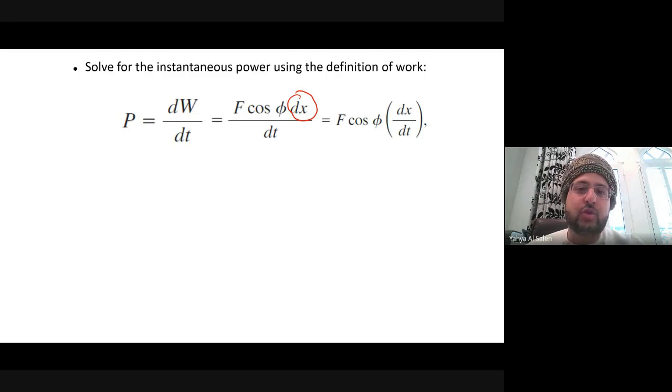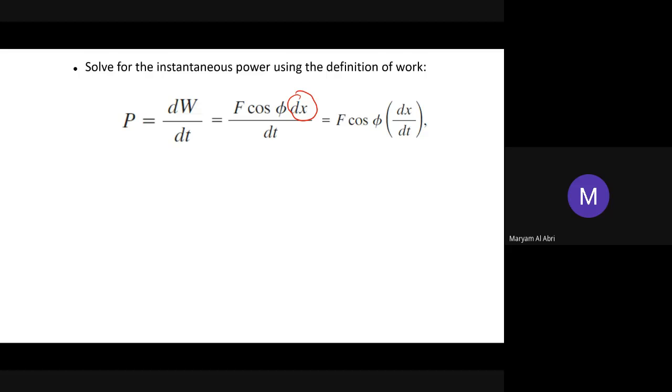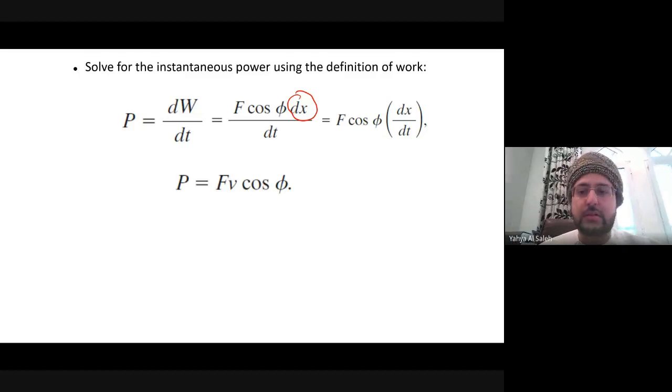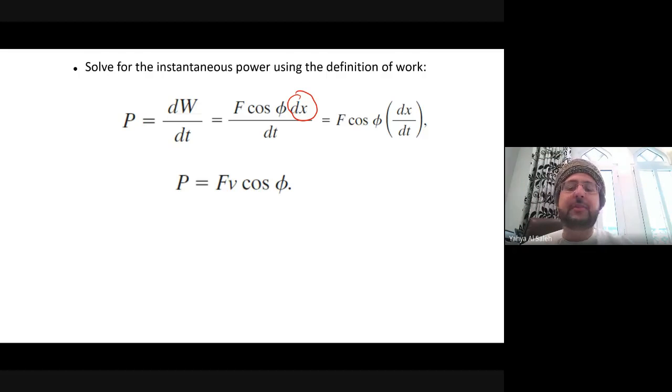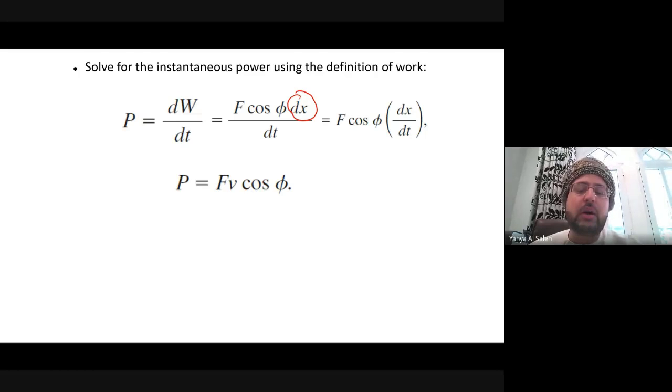What is dx over dt? Anyone remembers? Velocity. Excellent. It's simply velocity. So power is given by Fv cosine theta.